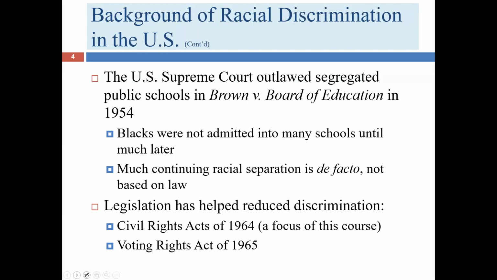Now, there is no legal or de jure segregation, but it continues to be true that our public education system isn't truly equal. Many of our least well-performing schools have a higher percentage of minorities, including African Americans, who attend them.